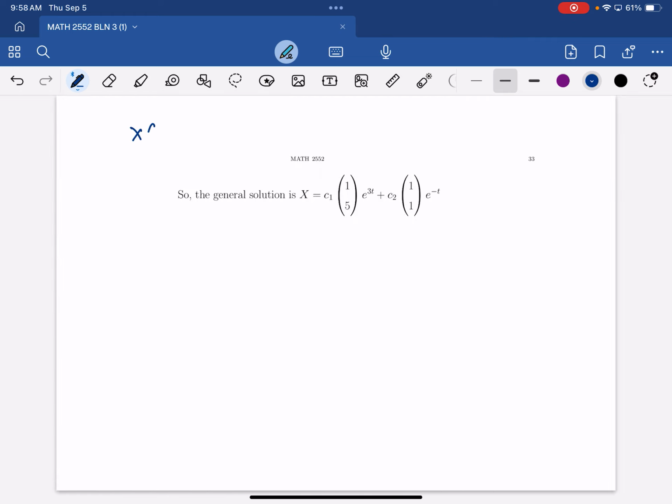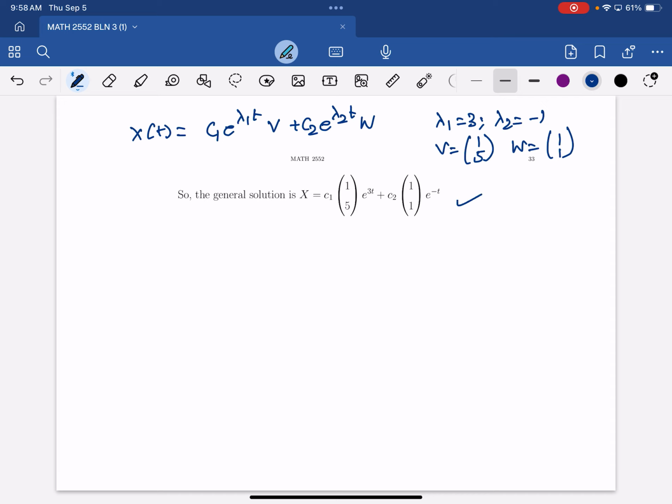X of t is c1 e to the lambda 1 t times v plus c2 e to the lambda 2 t times w. Here lambda 1 is 3, lambda 2 is negative 1, v is (1, 5), and w is (1, 1). So I write my general solution like that.